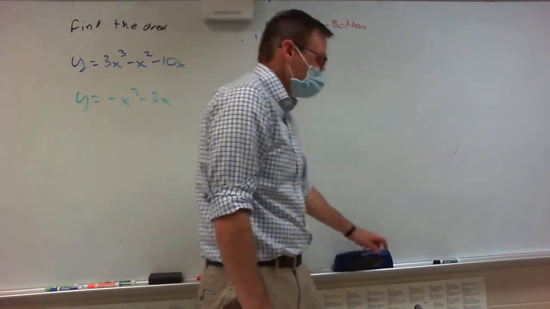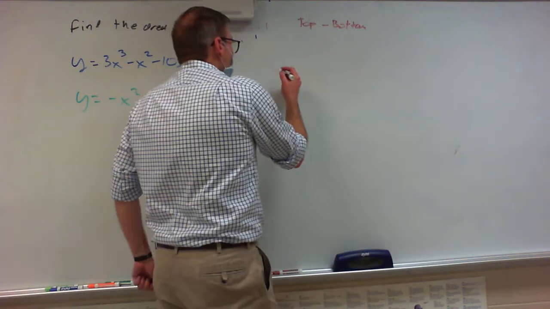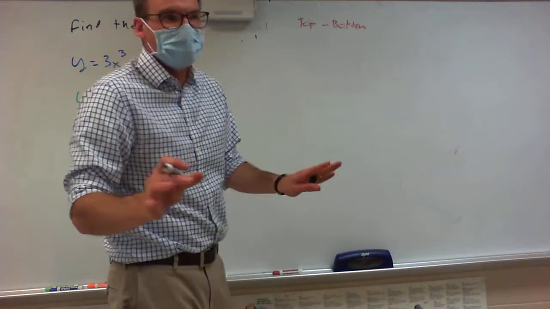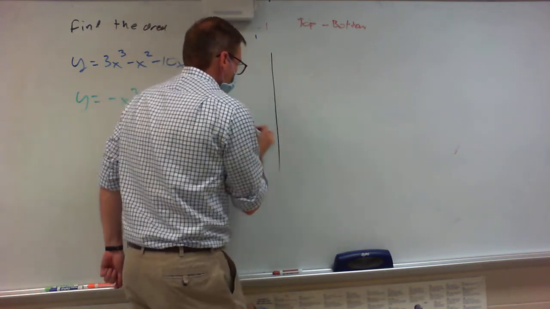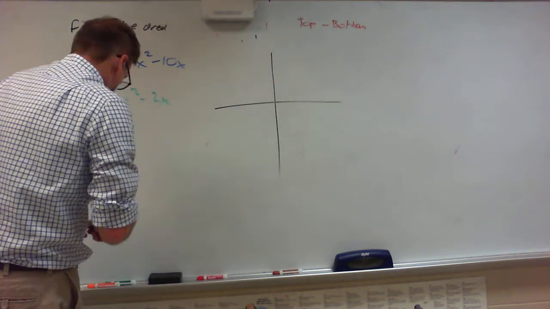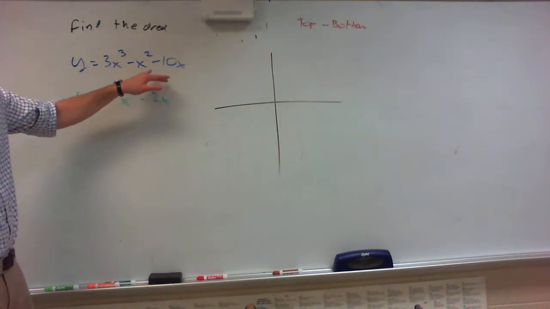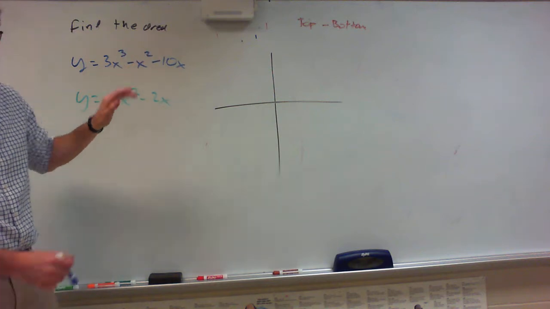All right, so I need to graph this. And you don't have to be good at graphing them. So I'm going to graph the blue one. I could factor it and find out.